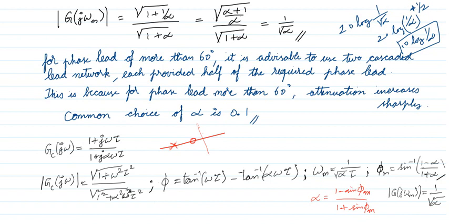And other things like alpha is equal to ZC by PC, which is less than 1, and tau is greater than 1. You can quickly refresh these formulas. I have written them in a single slide itself.